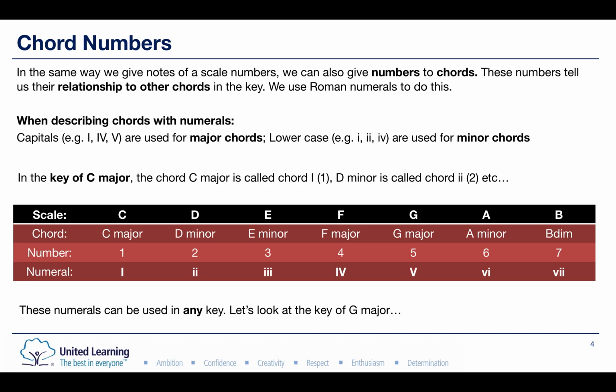D minor, you can hear that it sounds minor, E minor, A minor, and B dim, which means it sounds a bit scrunchy and diminished, and we'll look at that another time.